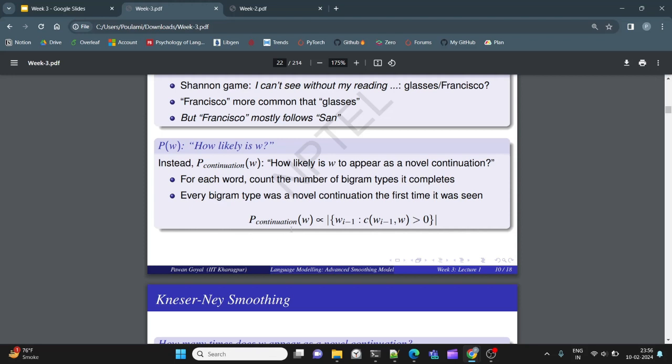The probability of continuation of W: here W is completing the bigram Wi minus 1, W. So we are counting the number of bigram types that the word W is completing.